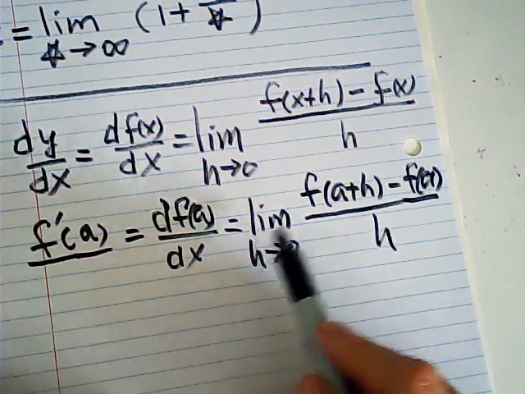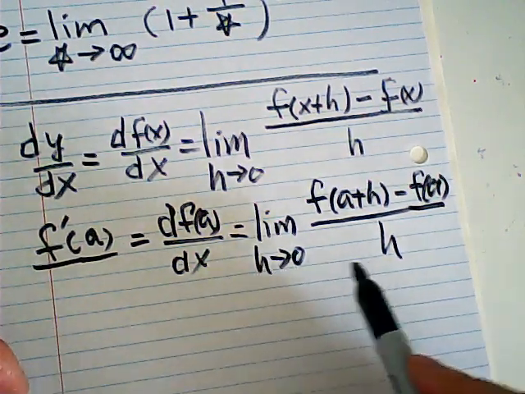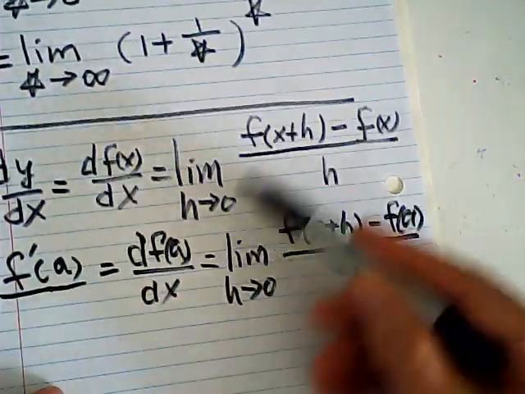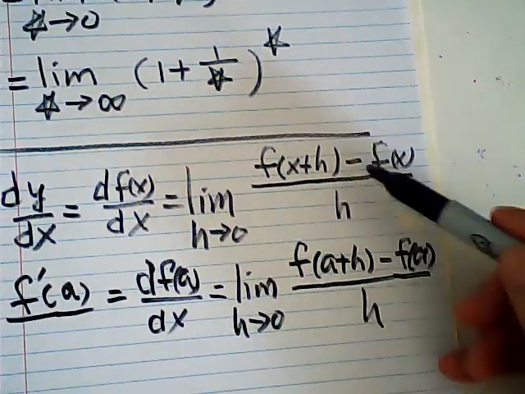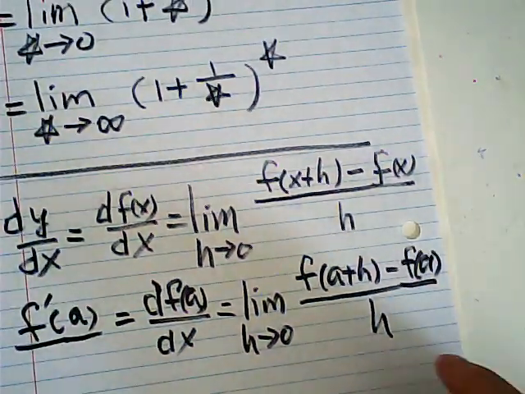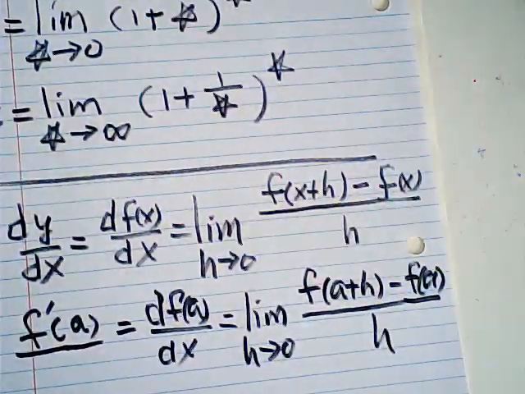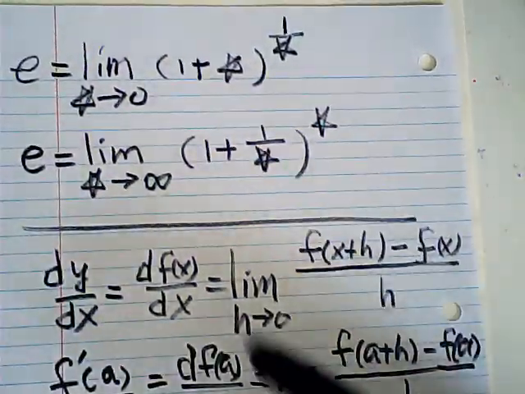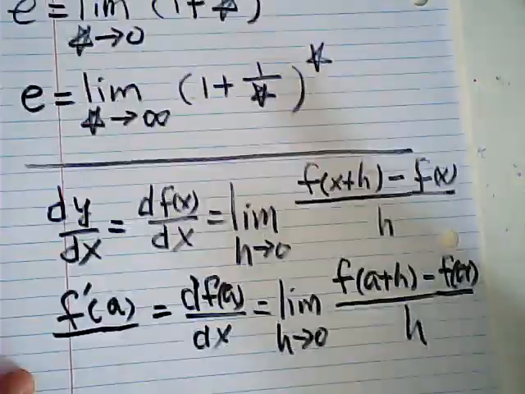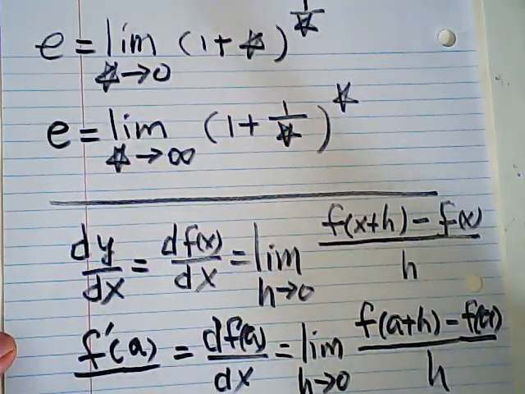So this is the derivative of f with respect to x at the point a. These two limits we are going to use in our question, so let me write them here, just to recall.